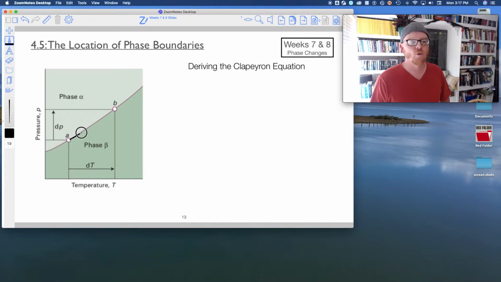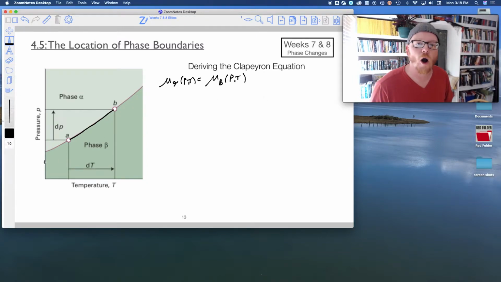Whatever this relationship is, the change in P versus the change in T, that's going to give me that boundary. So we start by noting that the chemical potential of phase alpha as a function of pressure and temperature has to equal the chemical potential of phase beta as a function of pressure and temperature. So all data points along this line have equal chemical potentials.